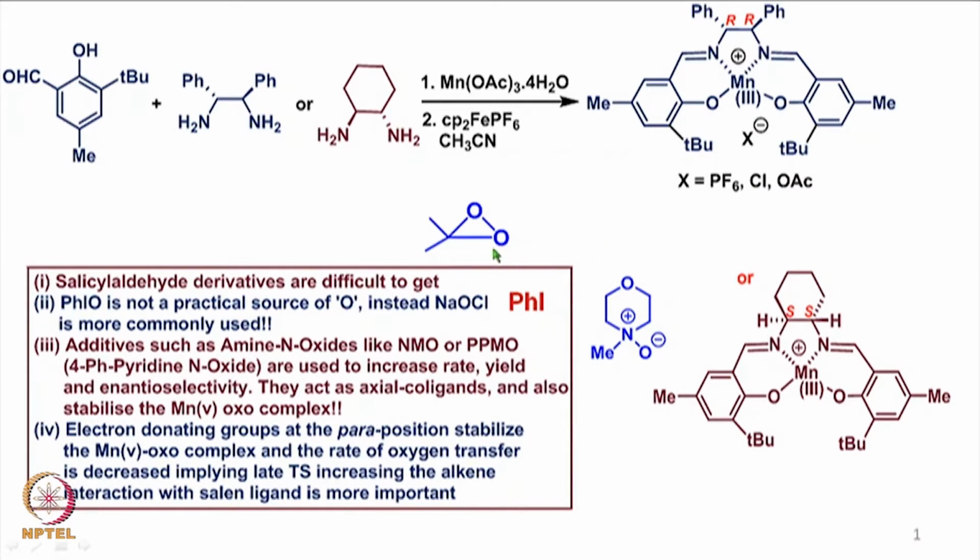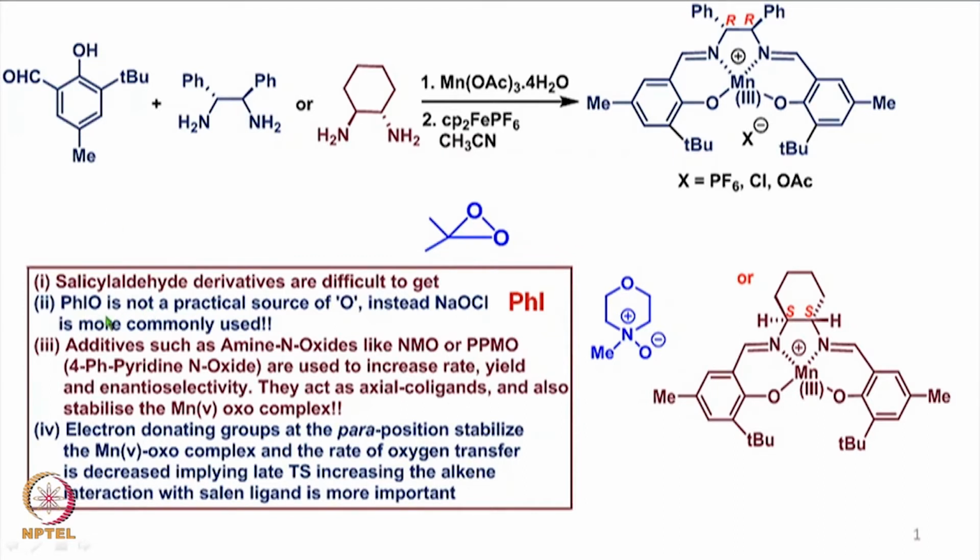Now it has been found that the salicylaldehyde derivatives are not generally very easy to prepare, as we have seen in the preparation of one of them, where it was relatively difficult to get that particular salicylaldehyde derivative, which is this one.